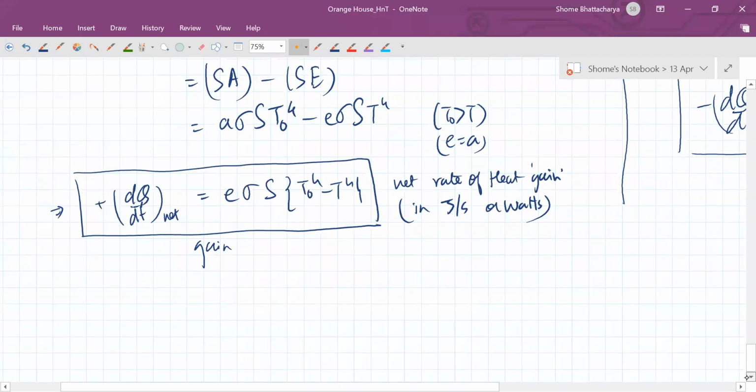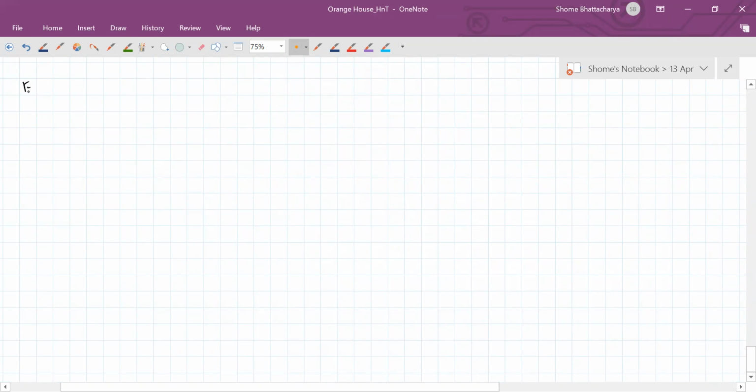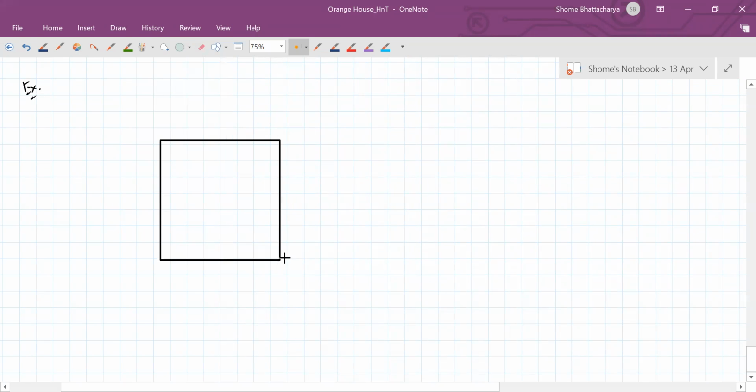So let's look at an example. We just need to know how to substitute the various quantities in this given formula.